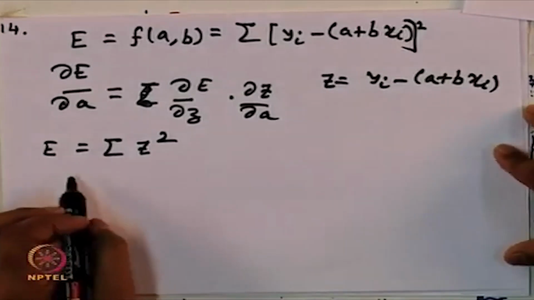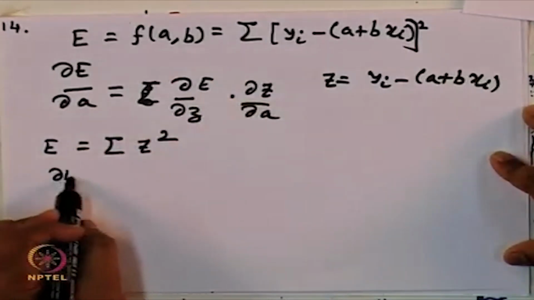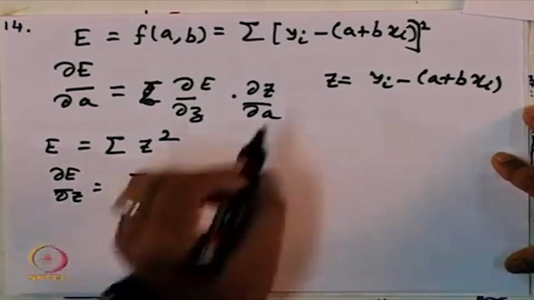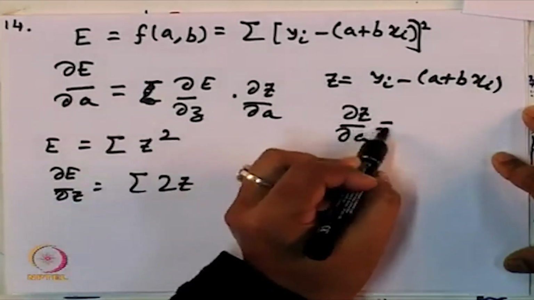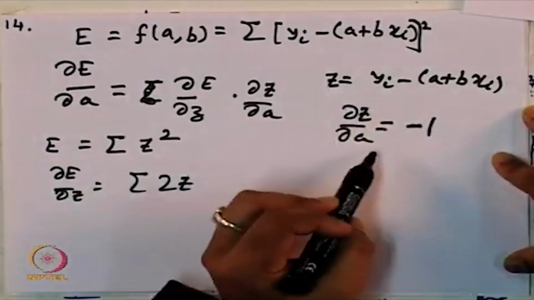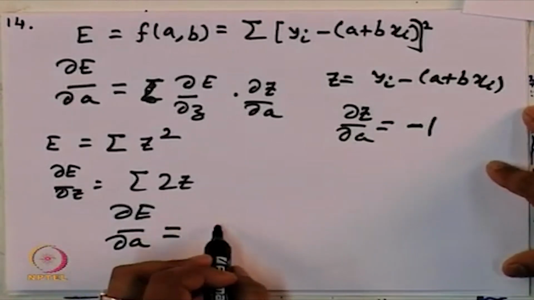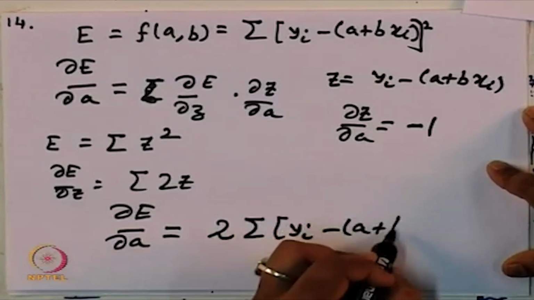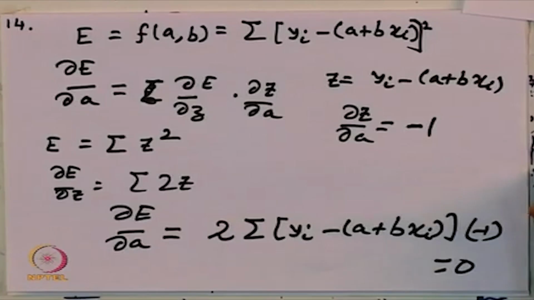Okay. So, I can write down my del E del z. So, del E del z is of the form summation 2 z. Okay. And del z del A is of the form minus 1, because you treat everything else as constant and you take the partial derivative with respect to A. So, my del E del A will give me an expression of twice summation of yi minus A plus bxi into minus 1, and this is equal to 0.